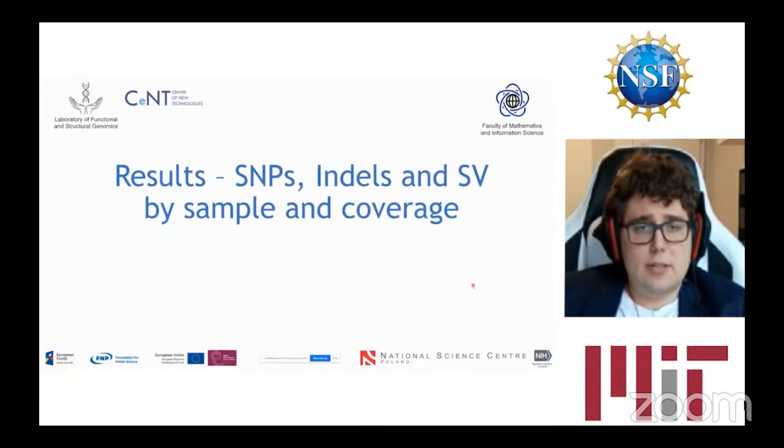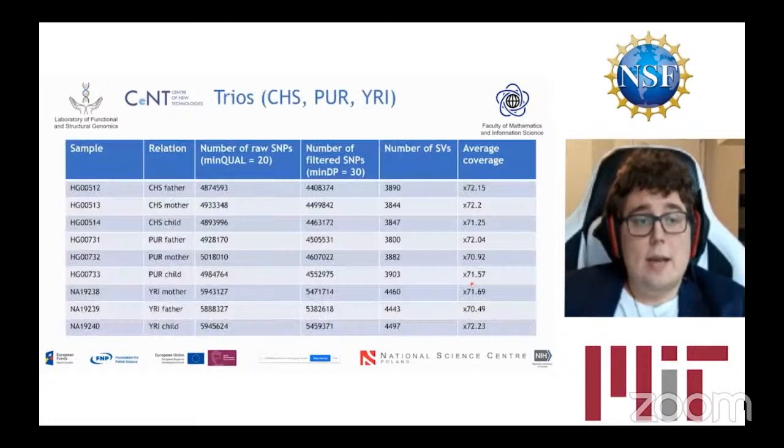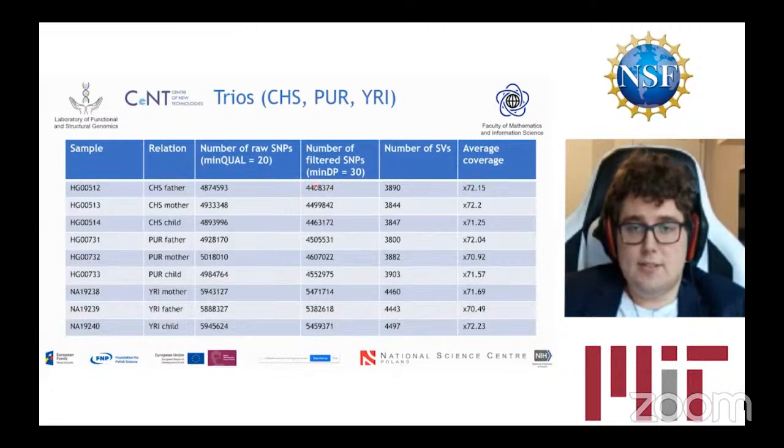Now a little more about the results of the study. We benchmarked it against the samples from the 1000 Genomes project. As you can see there, we filtered SNPs by quality and DP, and the numbers went down a little.